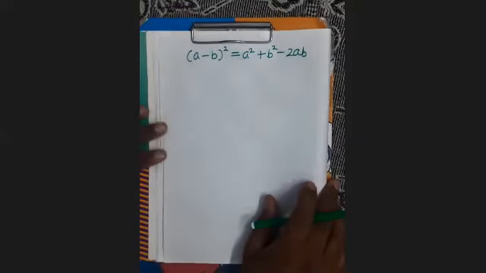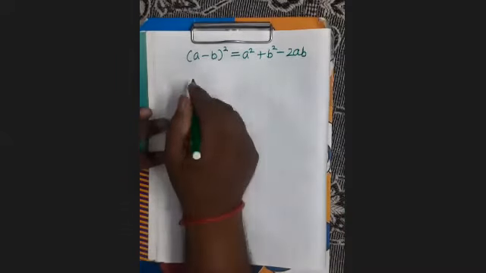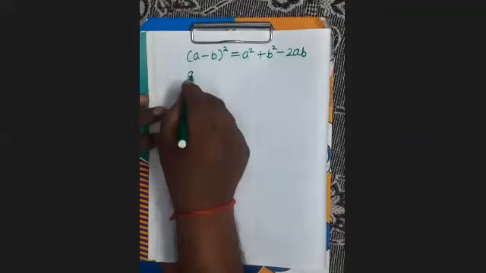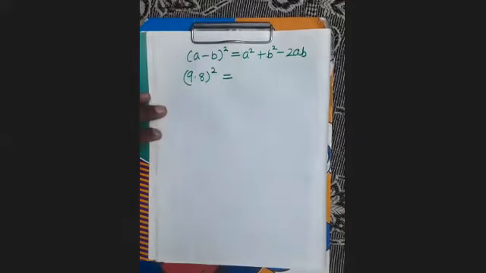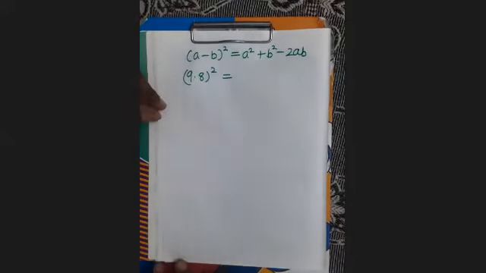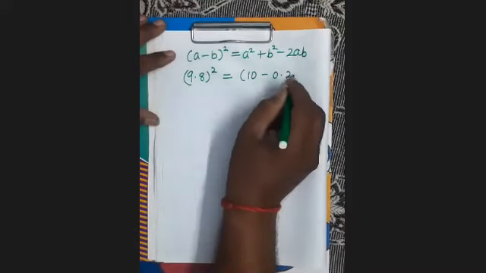This will be the formula. It's clear? And here also you will write in a convenient form for 9.8 whole square. What will you write? 10 minus 0.2 का whole square.